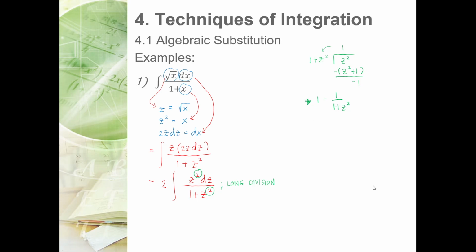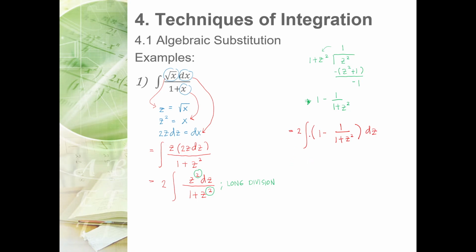So getting the new equation now, we're going to have 2 integral of 1 minus 1 over 1 plus z squared dz.